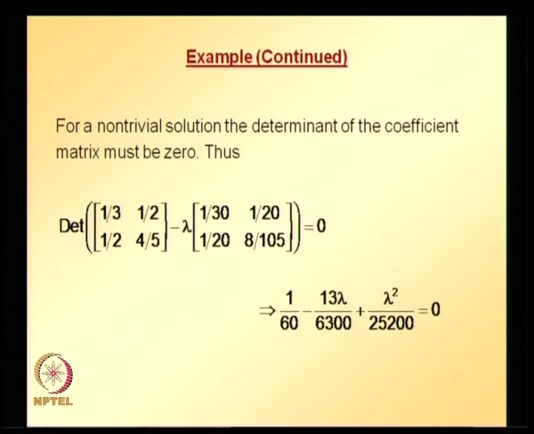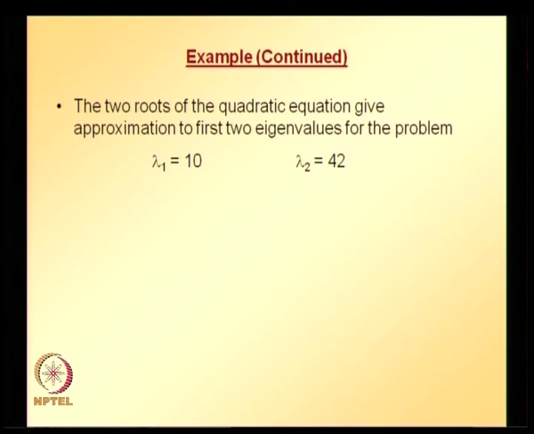So this is the characteristic equation, and the order of the characteristic equation depends on the size of the matrix that you have. Here you get a quadratic characteristic equation which you can solve for lambda, and you get 2 roots, lambda 1, lambda 2.